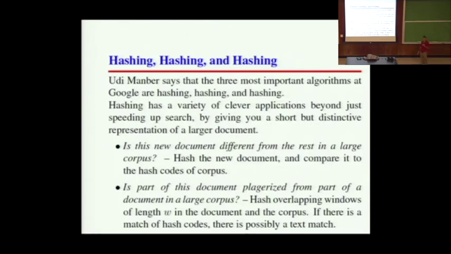What does Google do? Google takes each new document and computes a hash code. The whole big web page gets crunched down to a small hash number, right? Small meaning 128 bits, 256 bits. And then all that Google keeps is a table of the hashed values of every document it has seen on the web.